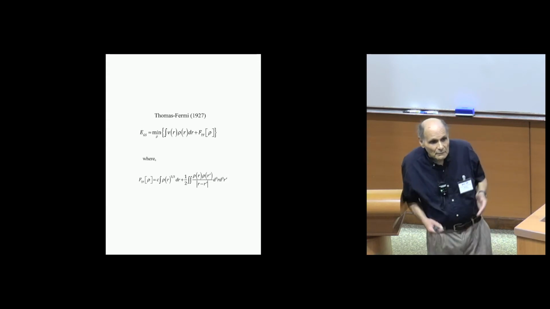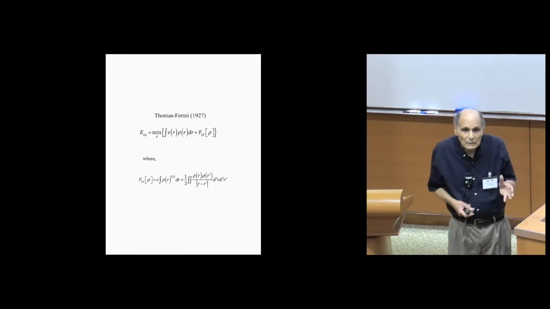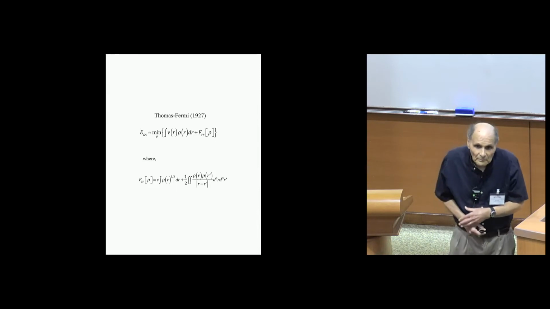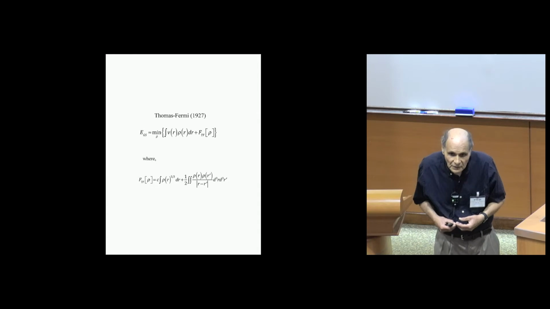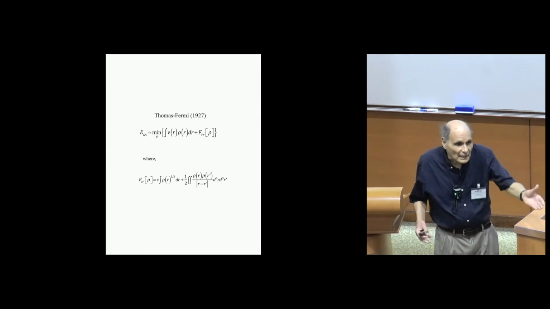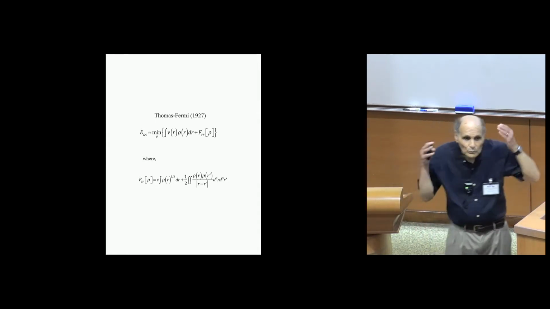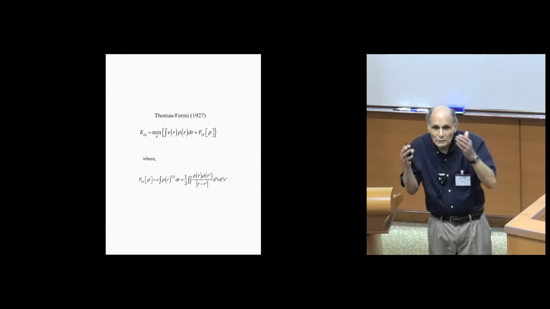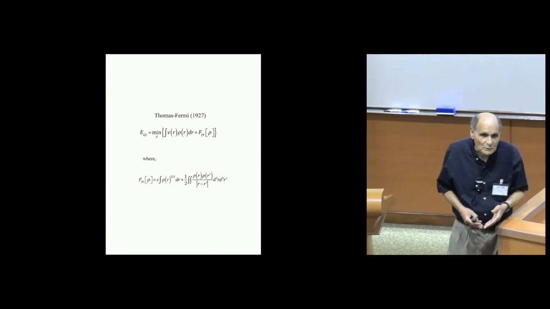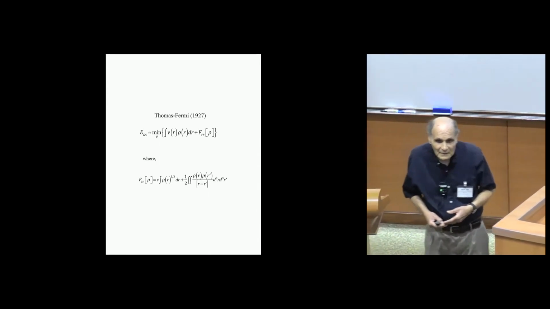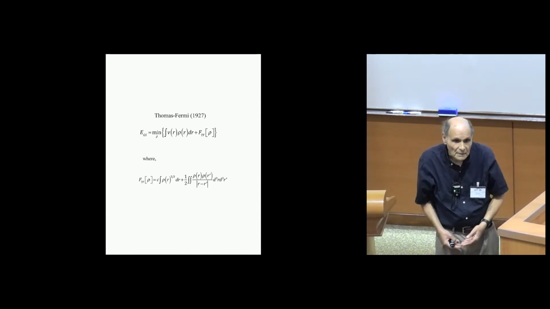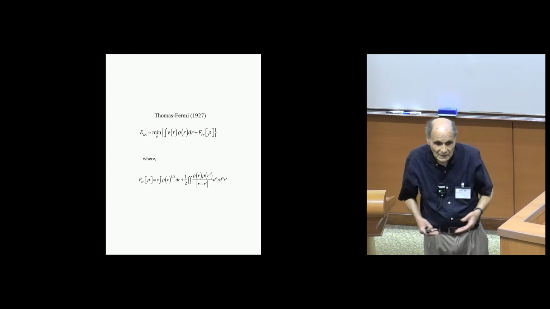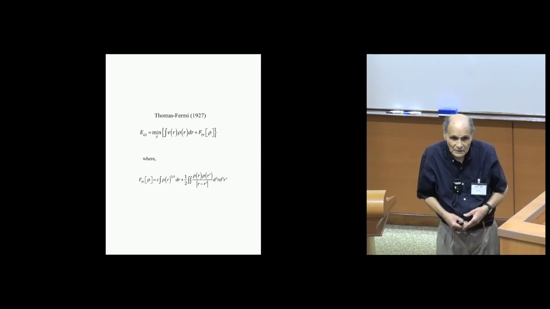Now, the revolution, you could say, was caused by the theorem. But I think it was caused more by the question. Once you say, can you prove that you could define a universal functional of the density so that when you do the energy minimization by varying the density, you get the exact energy?